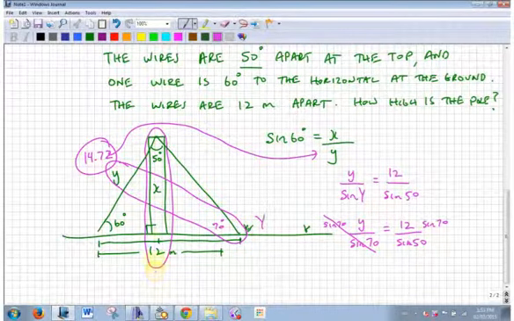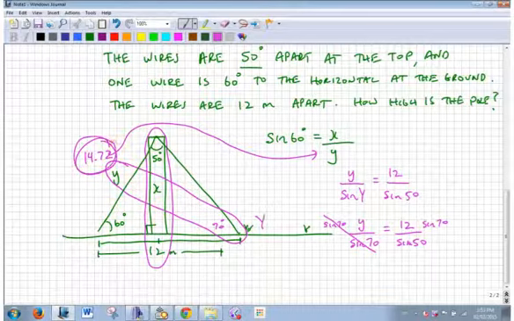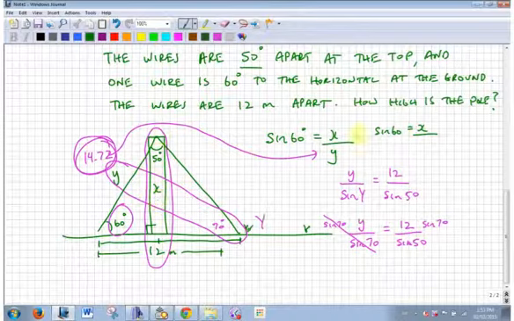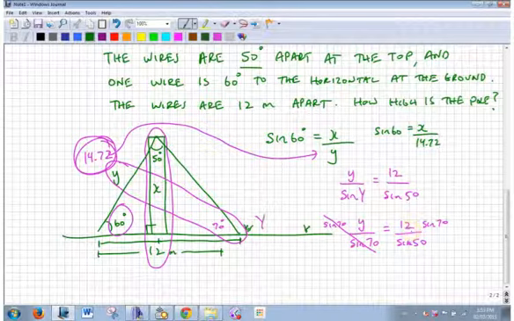Now I got a right angle triangle. Now I'm back to grade 10 here. I know the hypotenuse. I know an angle. So put it back in here. Sine of 60 is, that's what I'm trying to find, the height over 14.72. How do I solve that thing for x?